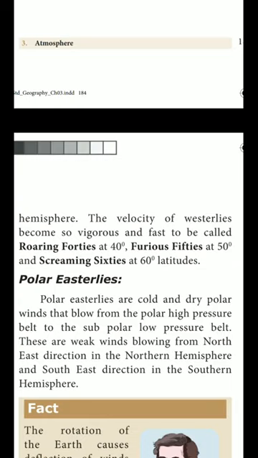From where to where are they blowing? Means from the northeast direction to southeast direction. Where is the northeast direction? It is in the northern hemisphere. Where is the southeast direction? It is in the southern hemisphere. So mostly this polar easterlies wind will blow from northeast direction to southeast direction, from the northern hemisphere to the southern hemisphere.